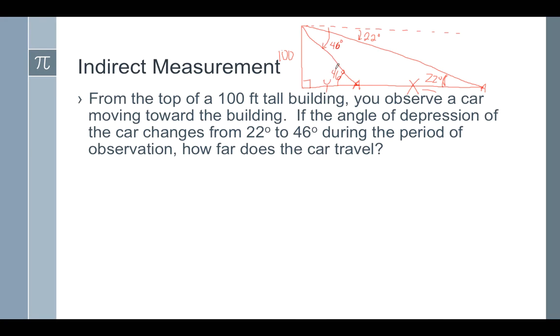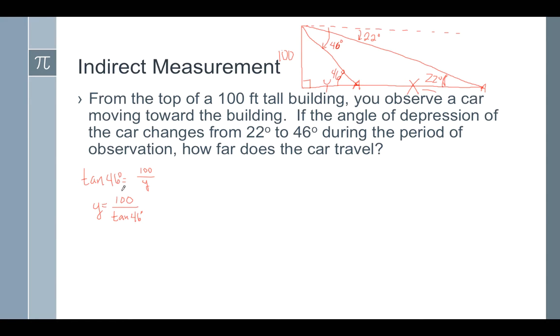I know, according to this 46-degree angle, I have 100 and y, so that's the opposite and the adjacent. So I can say that the tangent of 46 degrees is equal to 100 over y. And if I wanted to solve for y, I would multiply both sides by y and divide by the tangent of 46. So y is equal to 100 divided by the tangent of 46 degrees.